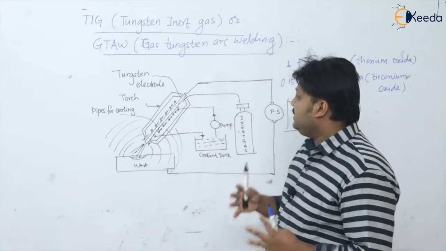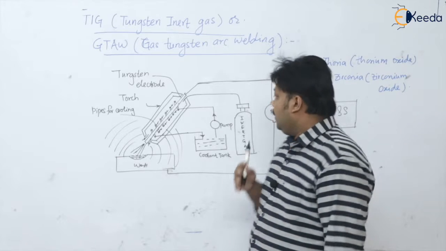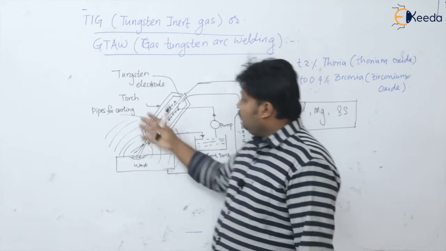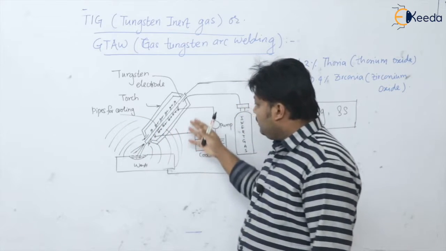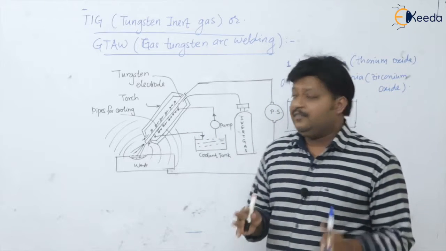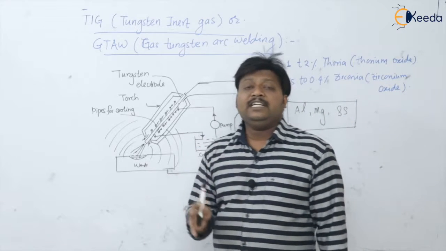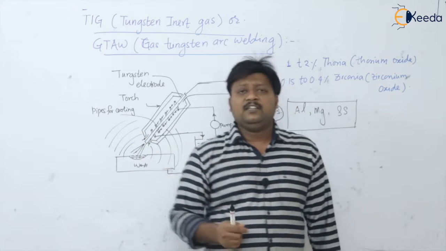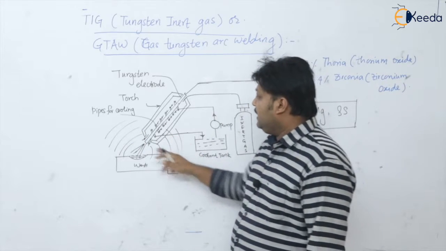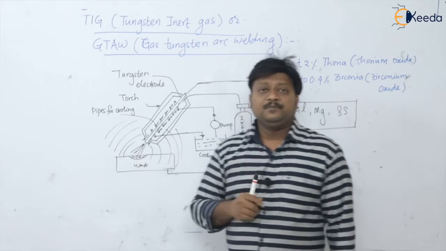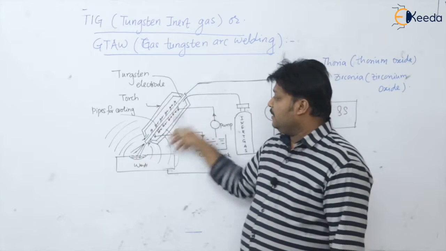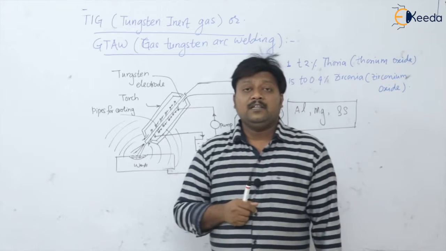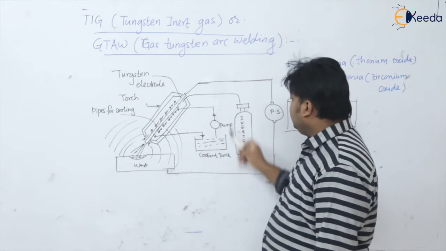But in TIG welding, generally argon gas is used for the shielding of this weld pool or weld zone, so that definitely there will be no atmospheric contamination from the oxygen or the nitrogen, so that your weld is safeguarded here. No contamination can enter into this weld because of the inert gas.